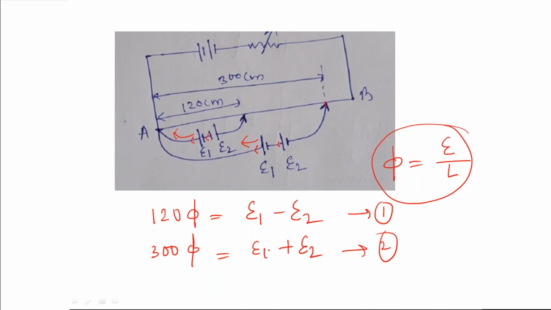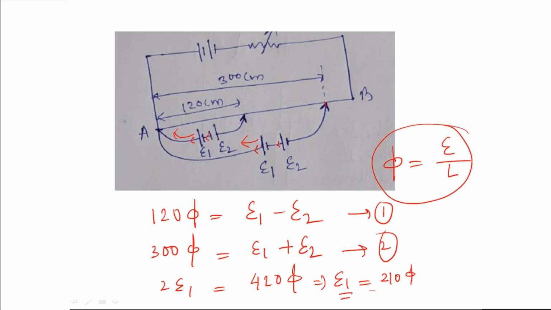If I just add them up, we'll get 2E1 is equal to 420 phi. From here I can get a relation between E1 and the potential gradient phi, so E1 is 210 into phi. This will give you the second answer.